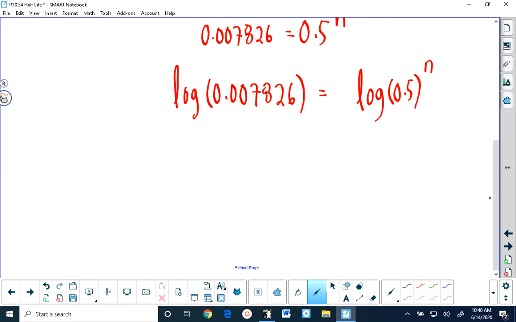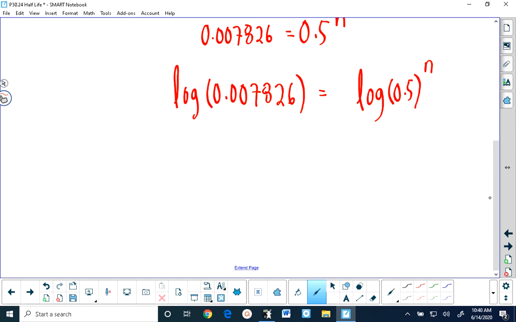Those of you that are in calculus, feel free to take the natural logarithm of both sides. As long as you are consistent in the base of the logarithm that you use, it's not going to matter. So you could write, for you calculus people, ln of 0.007826 equals ln of 0.5 to the n.